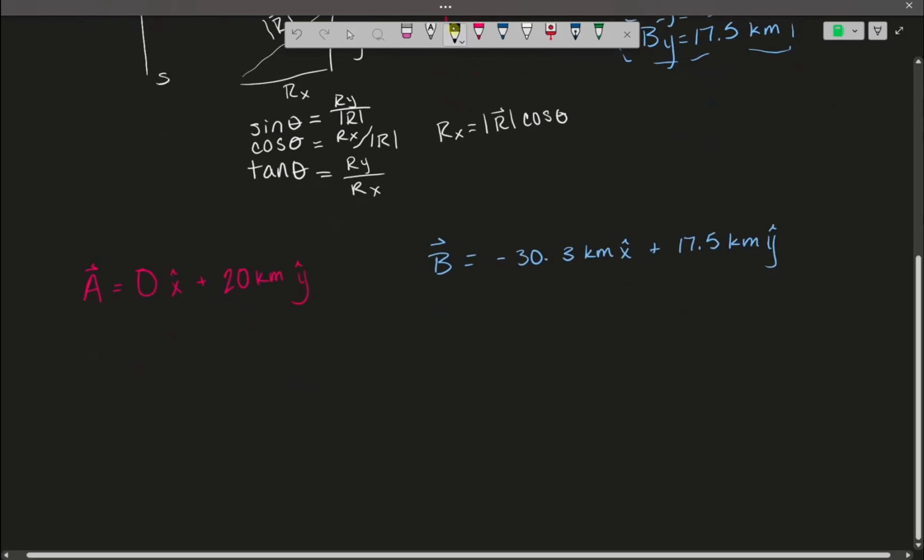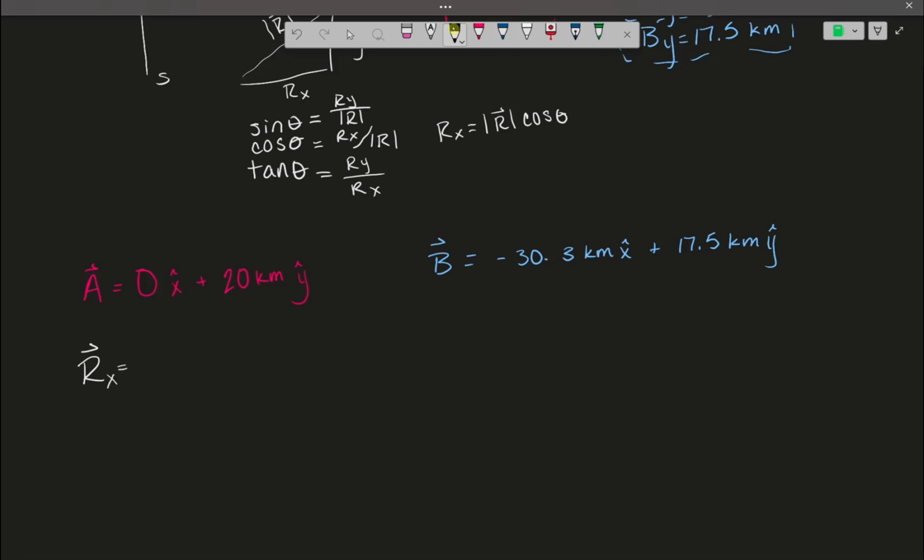This means that my resultant vector is going to be equal, let's do the x component. So the x component of my resultant vector is going to be the x component of A plus the x component of B. This means that the x component is going to be 0 plus negative 30.3 kilometers.